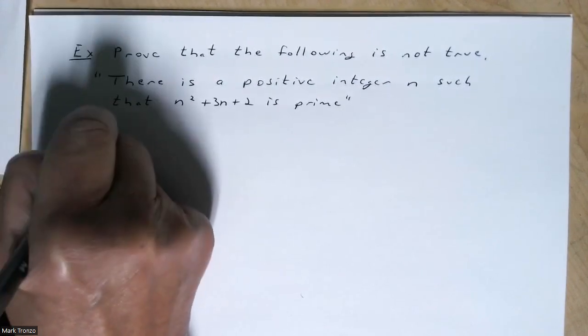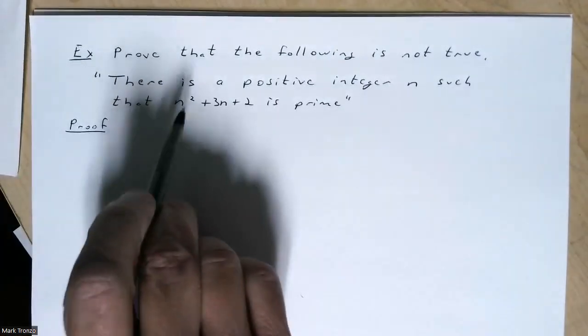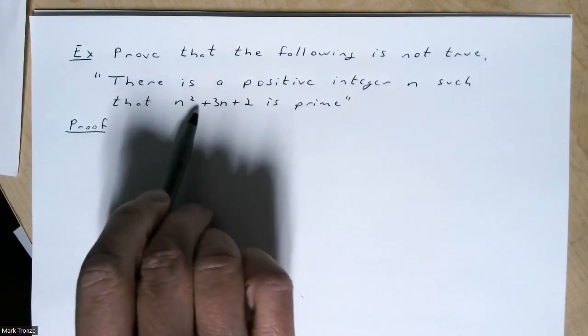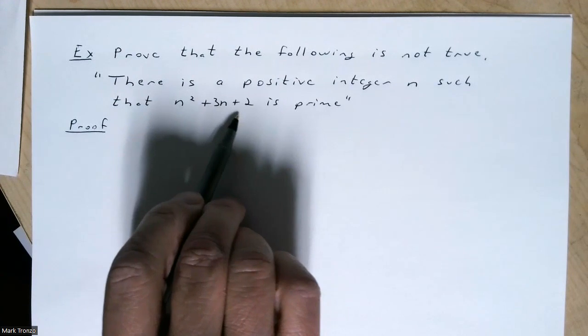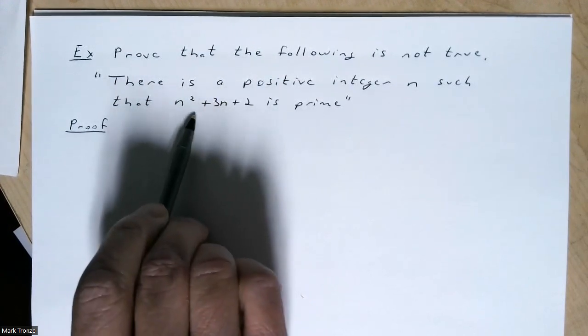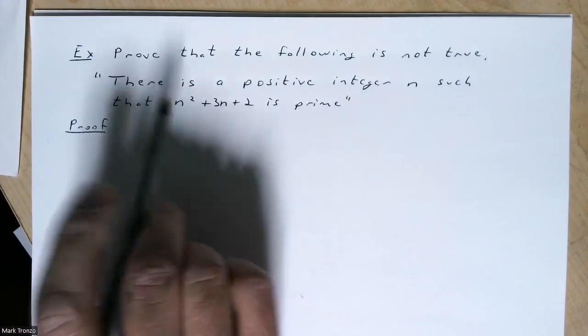And one way to do that is, so the statement says there is a positive number such that this is prime. To disprove it, we can prove that this can never be prime.